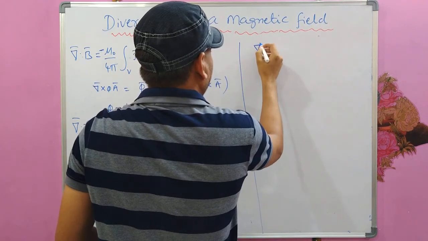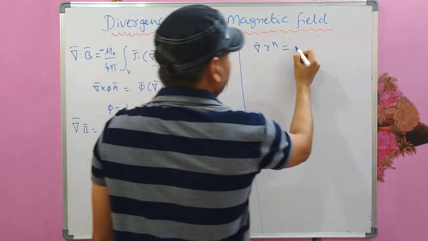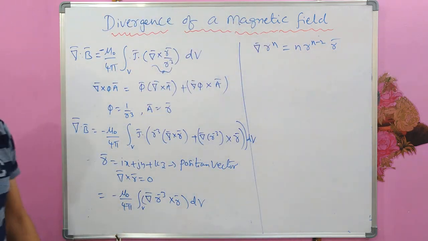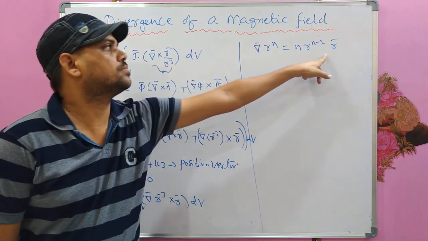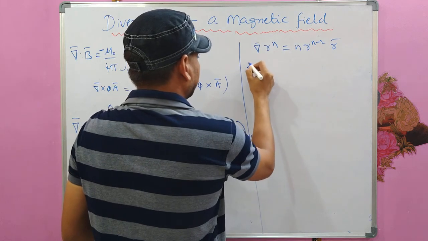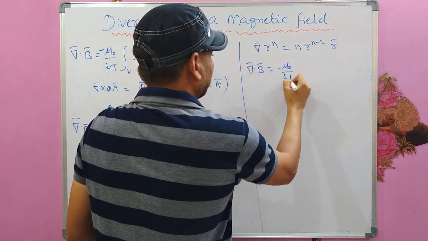See, del bar of R power n is n into R power n minus 2 R bar. This is the formula. So using that, what can I write? Del dot B equal to minus mu naught by 4 pi.